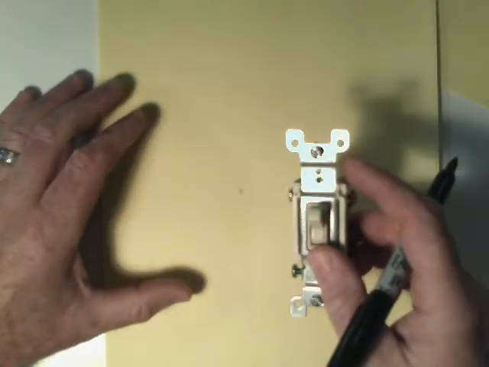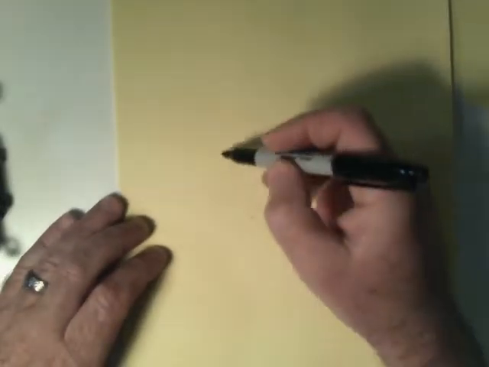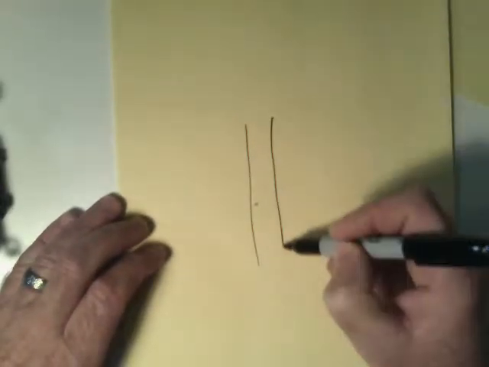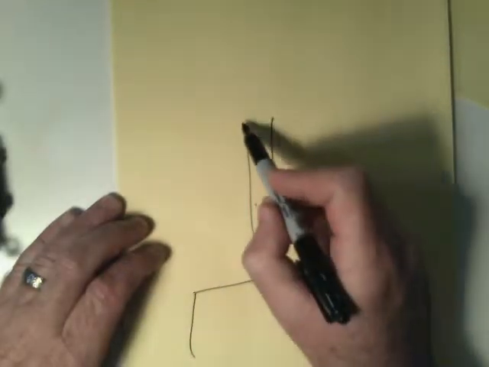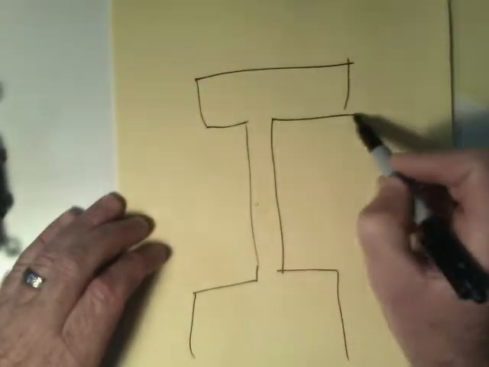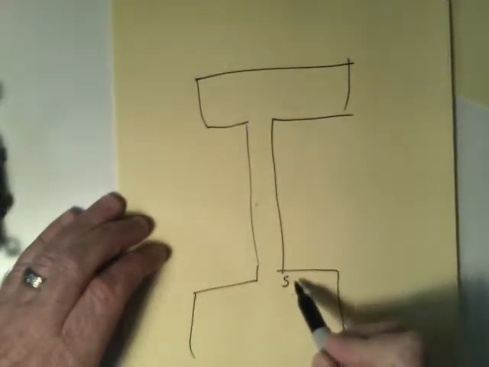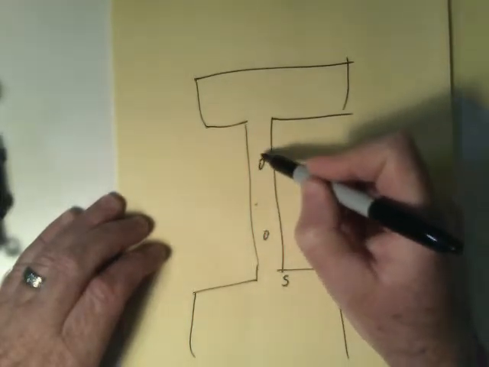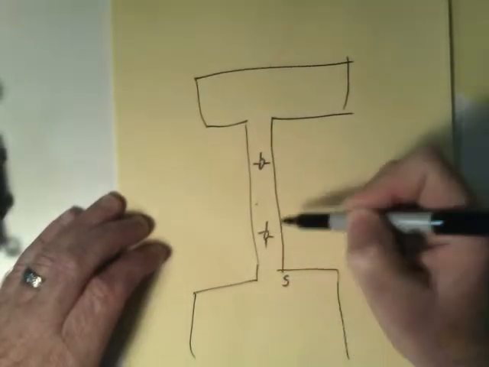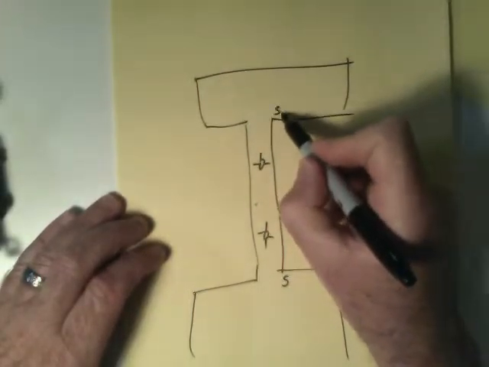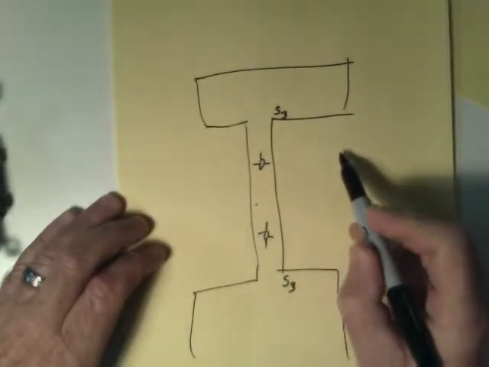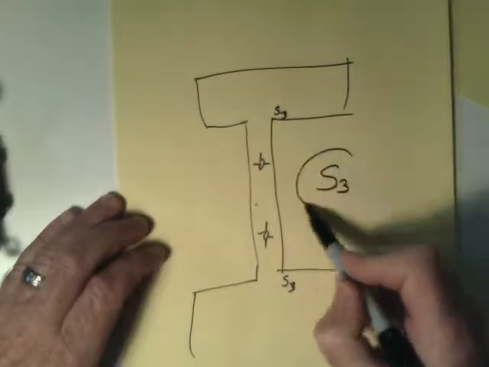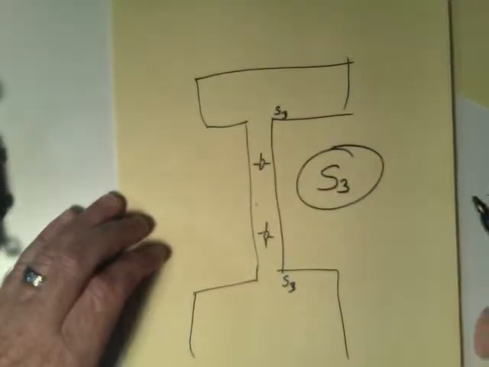The way that this switch works, a location would be if maybe we have a hallway in our house and we have lights down through that, and the symbol is 3.